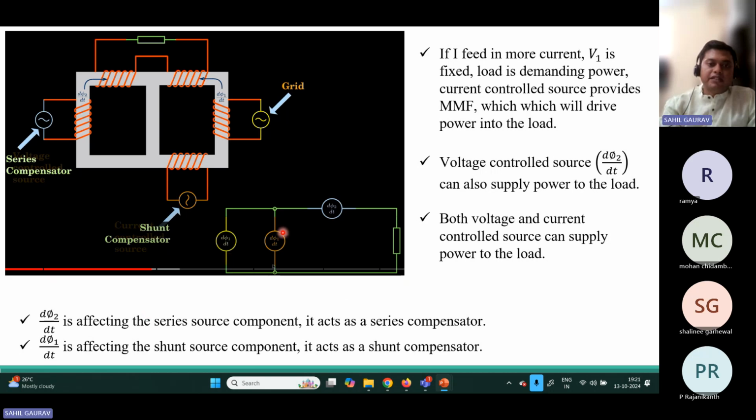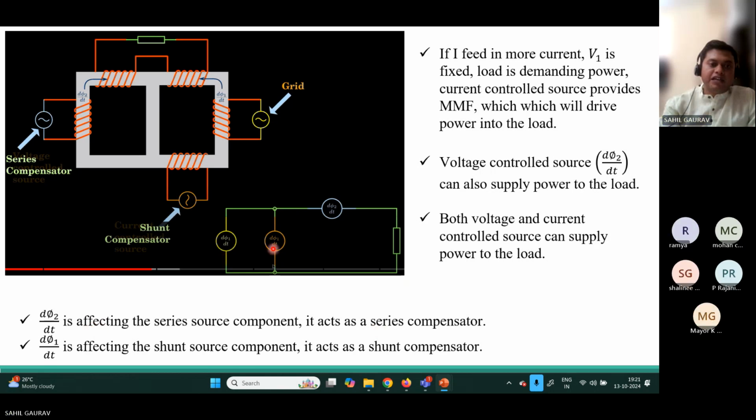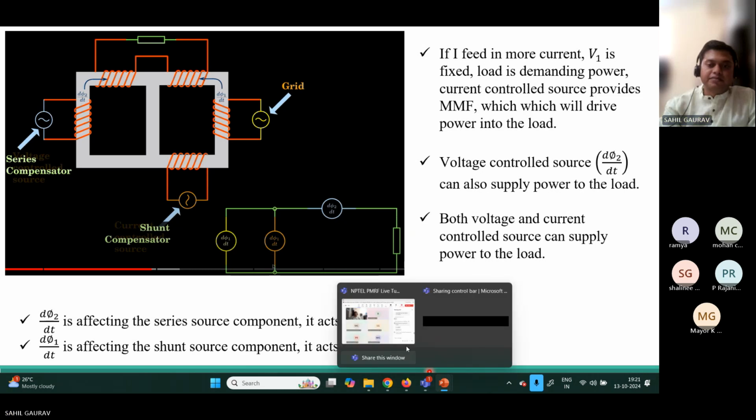So this flux change dφ2/dt is affecting the series source component, so it will act as a series compensator, while this dφ/dt will act as the shunt source component, so it will act as a shunt compensator.